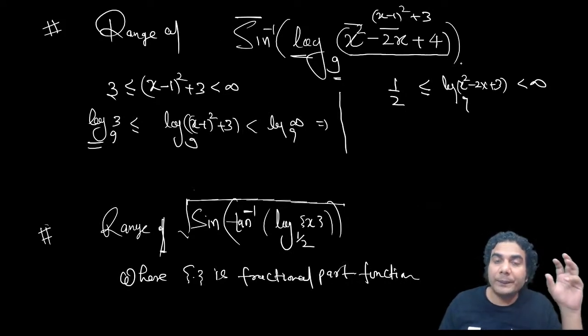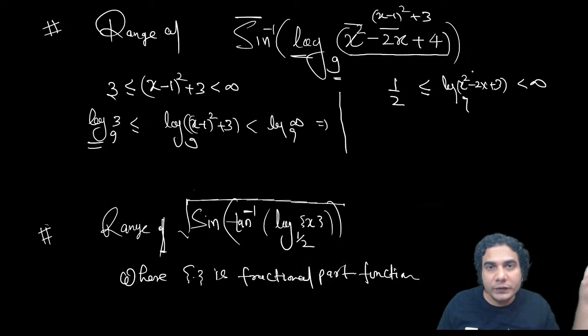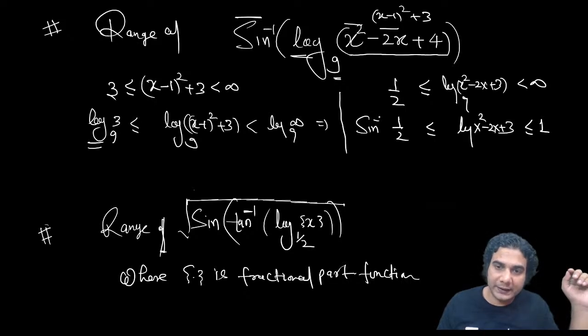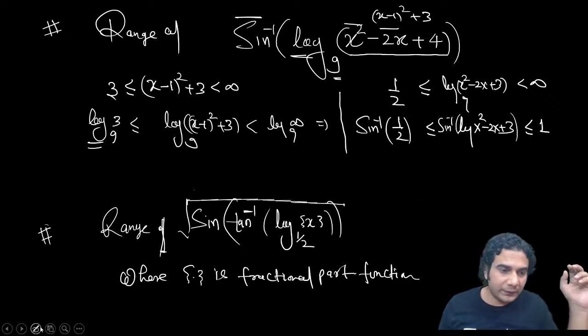So whatever values in the range of log are greater than 1 or less than -1, you can remove those values. You can see this is going up to infinity, starting from 1 by 2. So you can start from 1 by 2 and go up to 1 only. Then you can put sine inverse. It's an increasing function, so sine inverse of this, and here it is going to be sine inverse of 1.